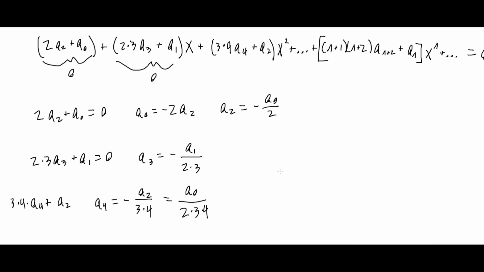Well, I guess we can do one more example just to make things clearer. So if we have a sub 5, that will end up being a sub 3 over 4 times 5.